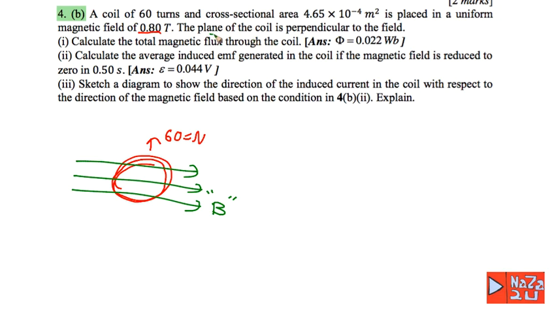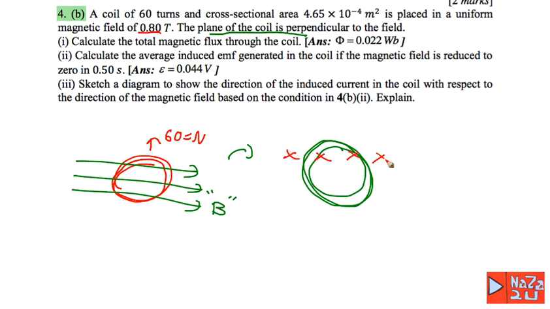The situation here is that the plane of the coil is perpendicular to the field. If you write the diagram here, the coil and the B are parallel, right? So if you have the same coil, 60 turns, perpendicular, meaning the direction of B is into the page.